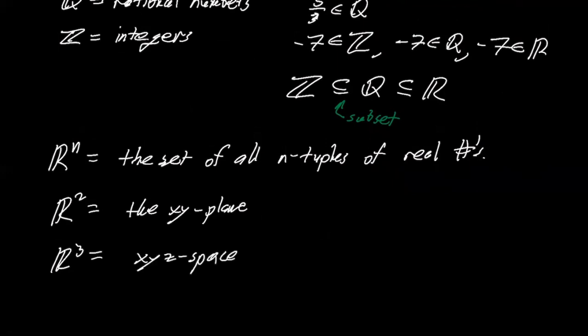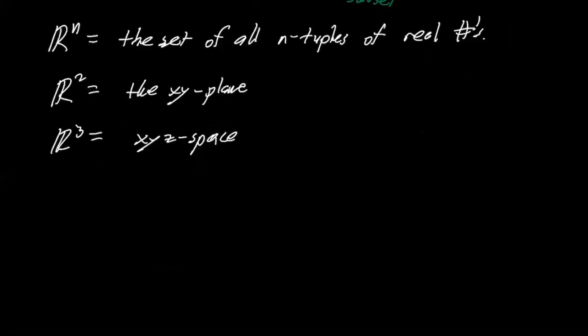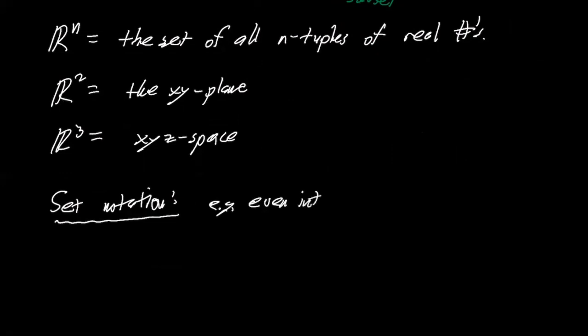What I want to say is that there's a more general notation for sets. So let me talk about set notation, and I'll come back to this Rn thing in a second. Say I wanted to talk about just all the even integers. Well, you could give that a name.